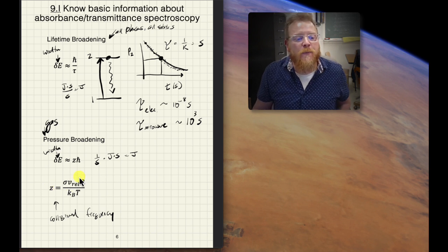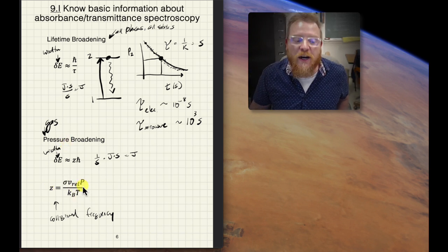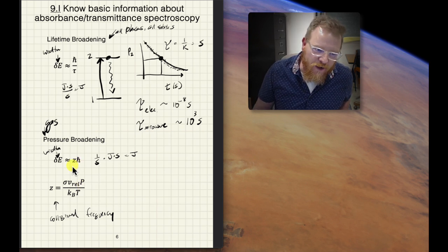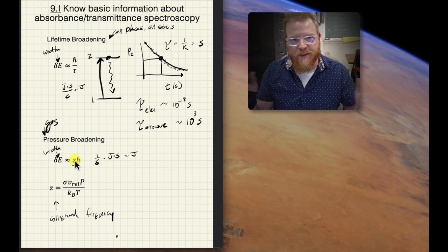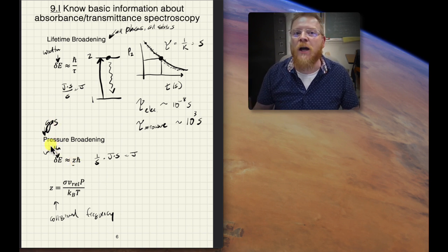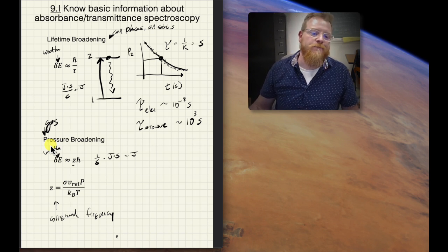This is really called pressure broadening because the larger our pressure is, the greater is our collisional frequency, and thus the wider our peaks. Typically gas phase spectra are much sharper under a partial vacuum condition than under atmospheric pressure.